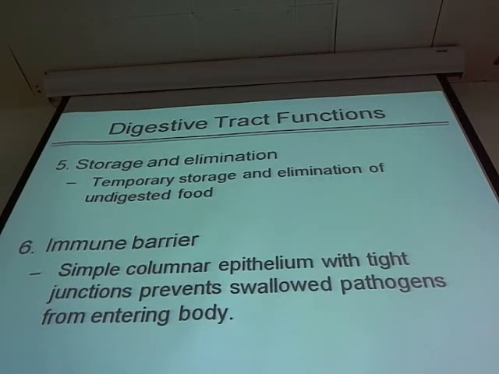Immune barrier. Simple columnar epithelial cells have tight junctions to prevent a lot of the swallowed antigens and pathogens. In your mucosa and submucosa in the intestine, you have Peyer's patches. What is that for? Bacteria?